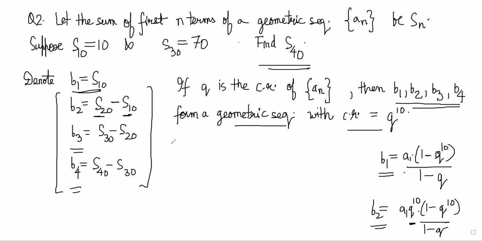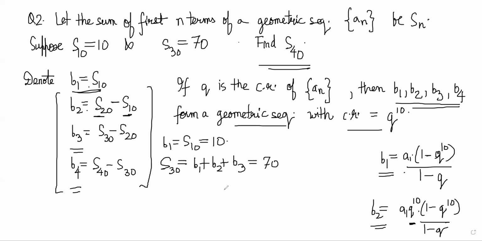And now we know from the problem that S10 is equal to 10. So B1 is equal to S10 is equal to 10, and S30 is actually equal to, if you think about it, what is S30? B1 plus B2 plus B3. If you add B1, B2, B3, S10 gets cancelled, S20 gets cancelled, and you're left with S30, right? So S30 is B1 plus B2 plus B3, and that is equal to 70.